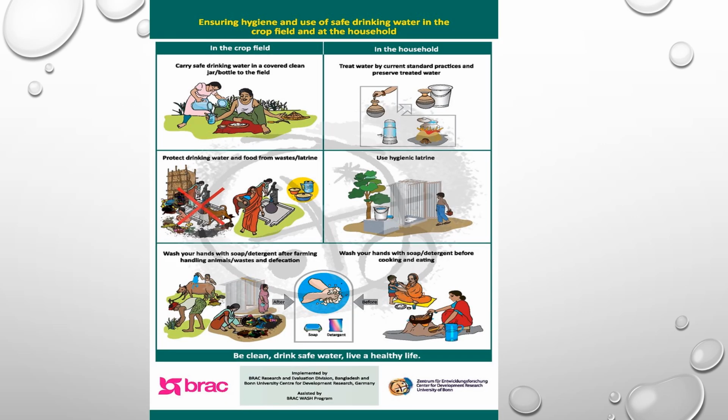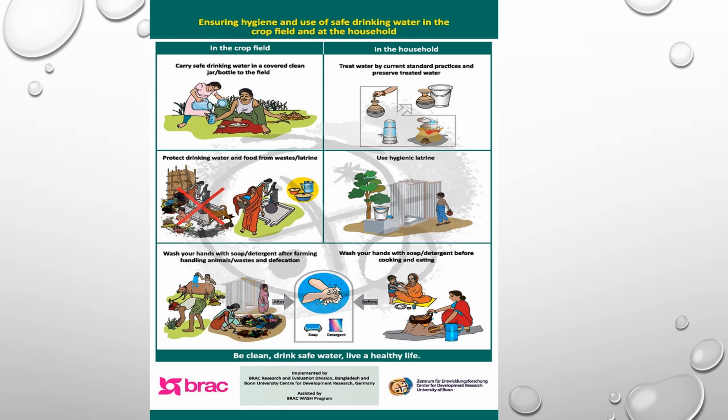According to the BRAC Research and Evaluation Division, Bangladesh, this is how to maintain hygiene and use safe drinking water in the crop field and at the household. In the crop field, they say to carry safe drinking water in a covered clean jar or bottle to the field. At household level, treat water by current standard practices and preserve treated water.